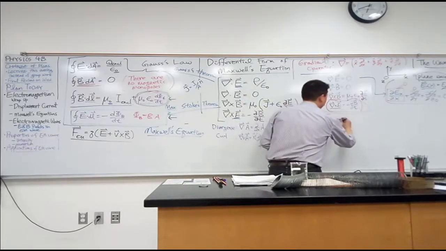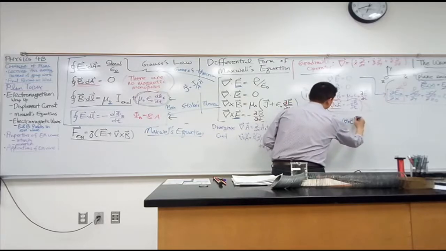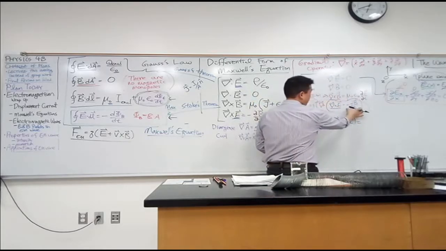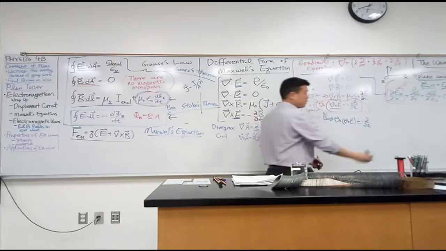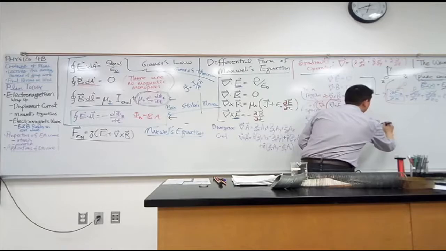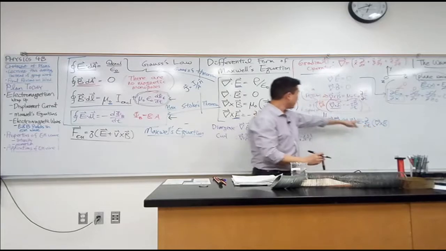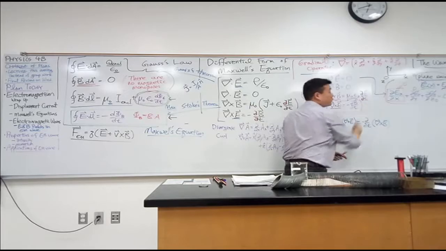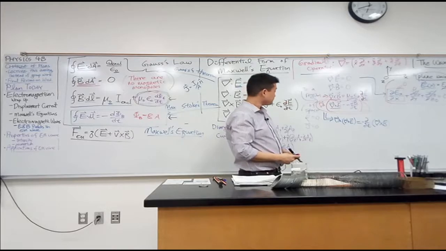It's going to be the curl of the electric field, and we'll work out later what that should look like. That's going to be equal to the right-hand side, minus the time derivative of the curl of the magnetic field. And this is where I plug in this for the curl of the magnetic field. Good?